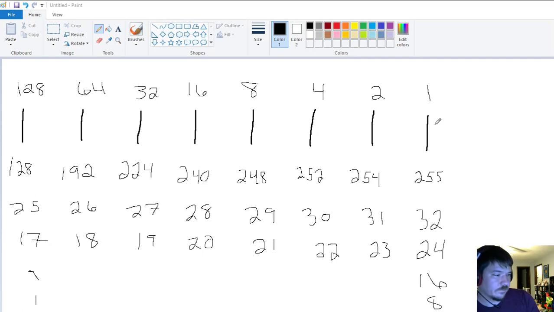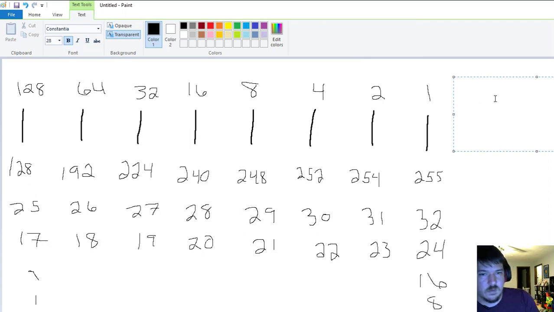So, what are some, I guess you might ask, what are some examples? So say we have, let's do some typing here. Say we have 192.168.1.0/26.